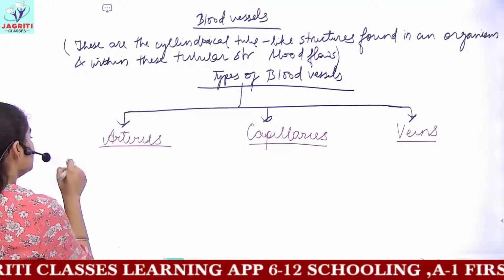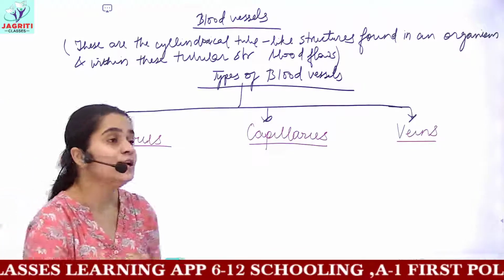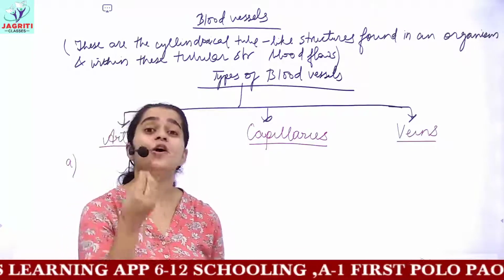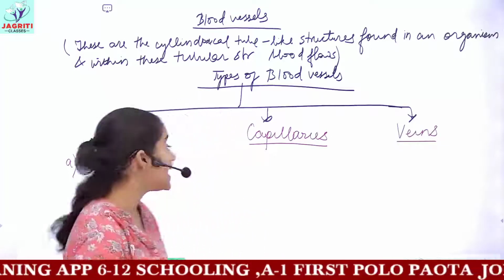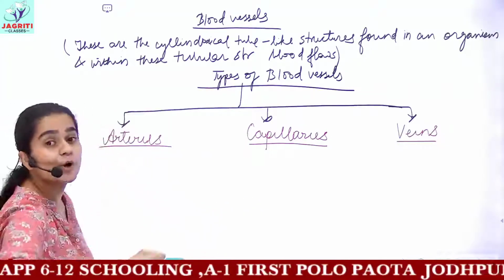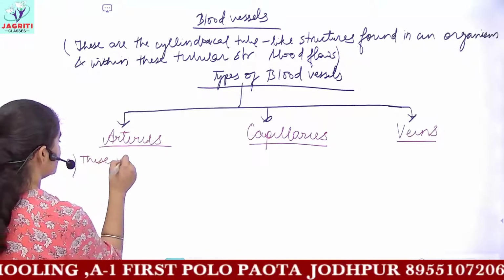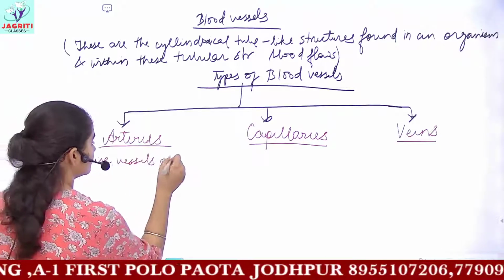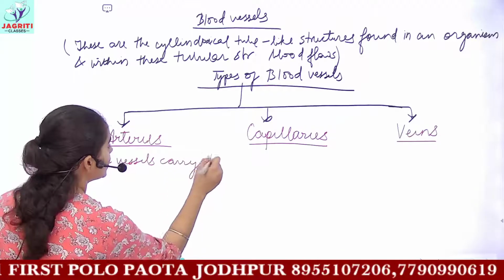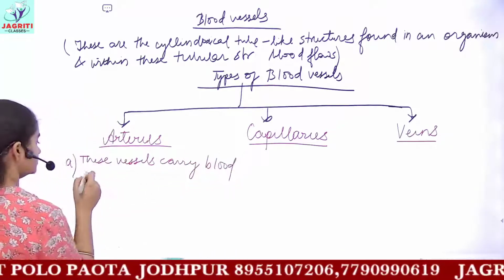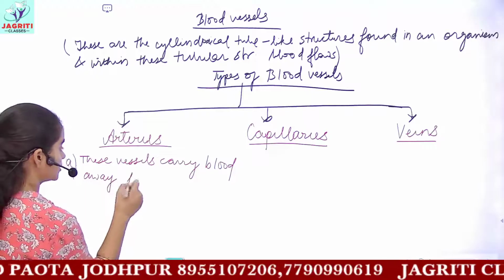Arteries can be defined as those vessels which carry oxygenated blood, or you can say arteries carry blood away from the heart. So arteries, these vessels carry blood away from the heart.